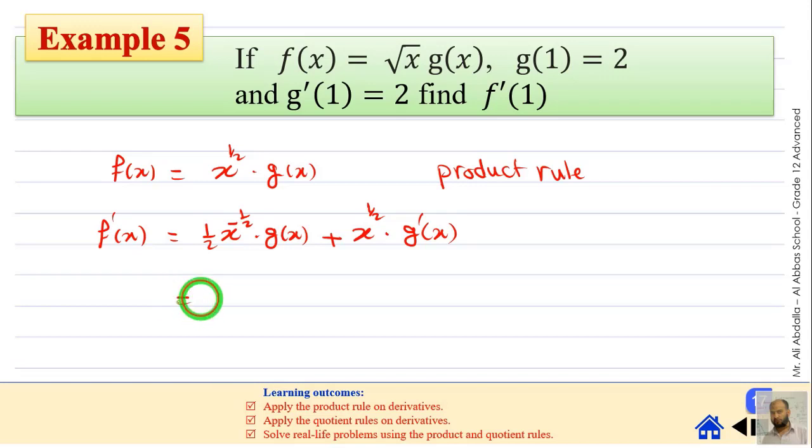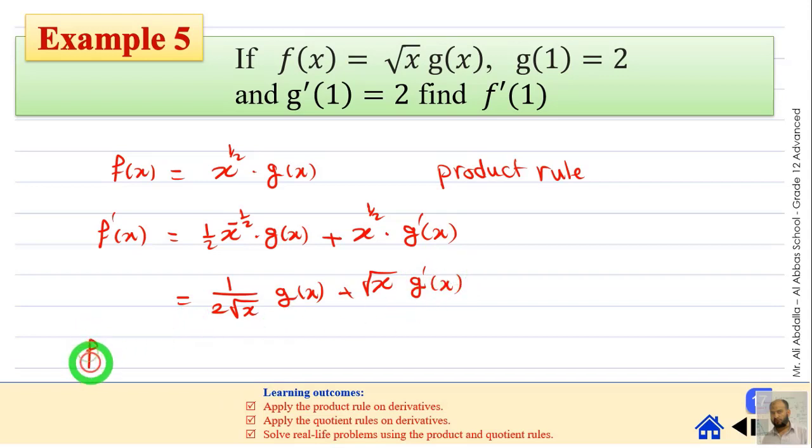Then we can rewrite x to the power negative 1/2 like this: 1 over 2 square root of x, g(x), plus square root of x, g'(x).